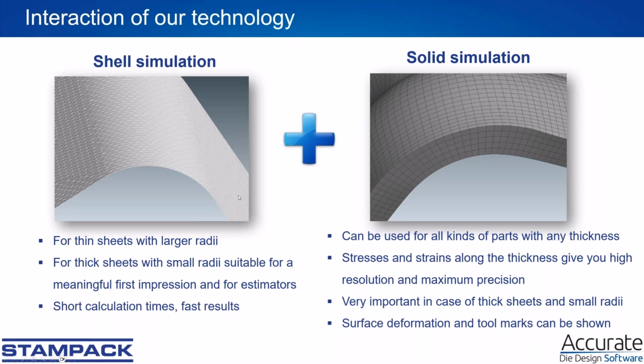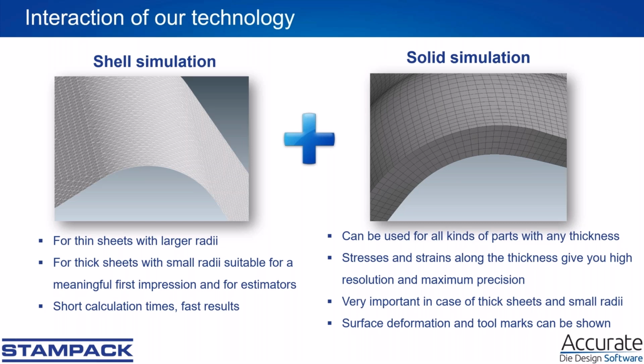So with shell simulation, I mean the blank here is in the mid surface of the sheet, and it's a two-dimensional surface, and it's covered by triangular elements. And this technology is very good because it's extremely fast. So no matter how big the part is, you can make a simulation in 5 minutes, 10 minutes, 15 minutes.